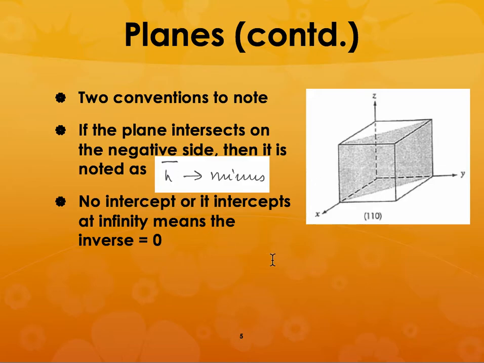No intercept, or if it intercepts at infinity, means the inverse is equal to 0. So that's one of the reasons why you have to take the inverse. Many times this plane may not even intersect with a direction, which means that the inverse of the intercept is 0, and the intercept itself is considered to be infinity.